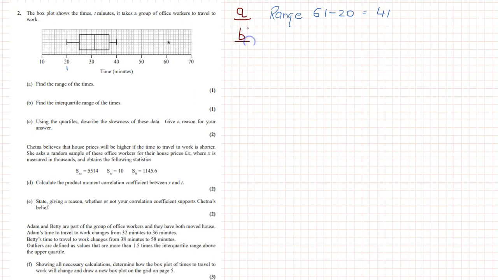Part B, the interquartile range of the time. So let's calculate Q1, Q2, Q3. For the interquartile range we only need Q3 minus Q1, but we may need Q2 also. So this is 25, this is 31, and this is 37.